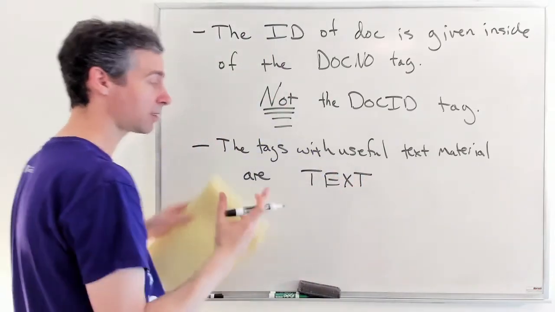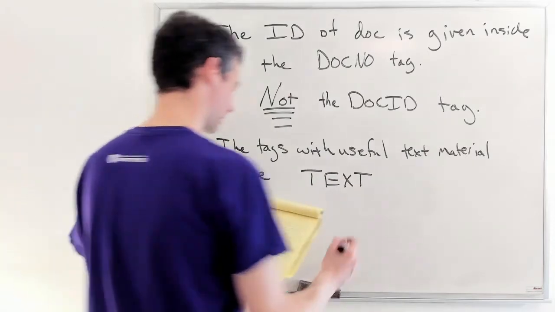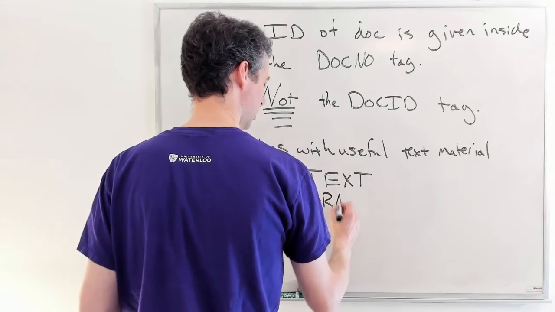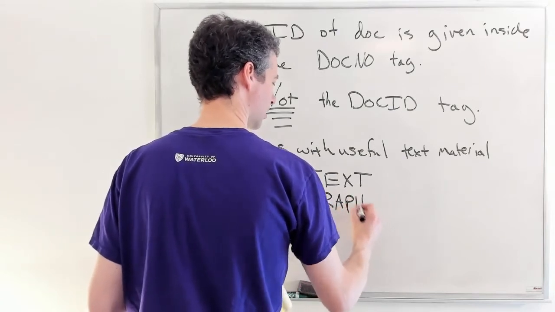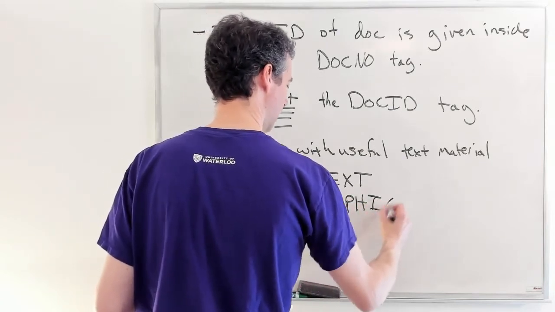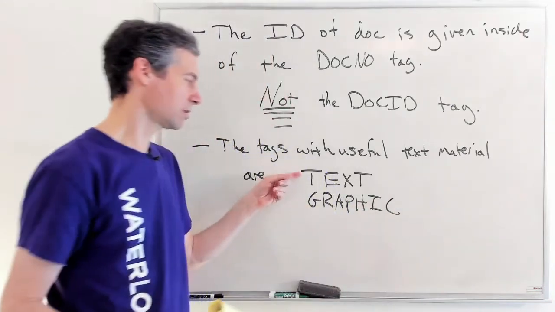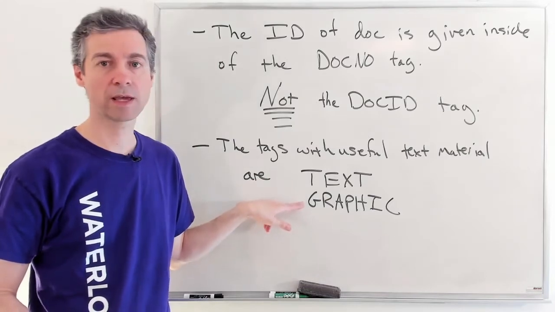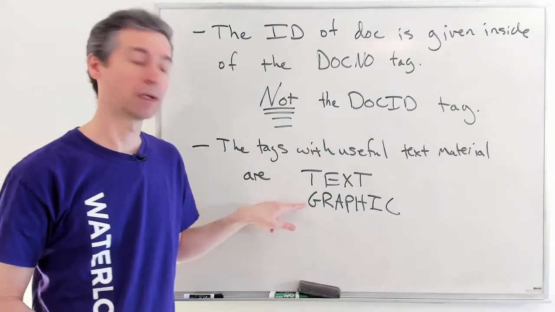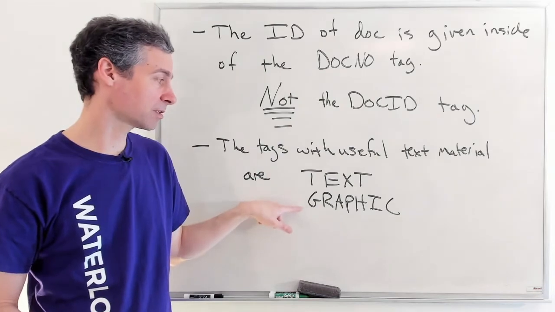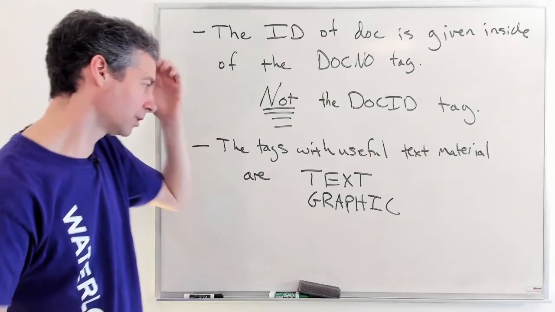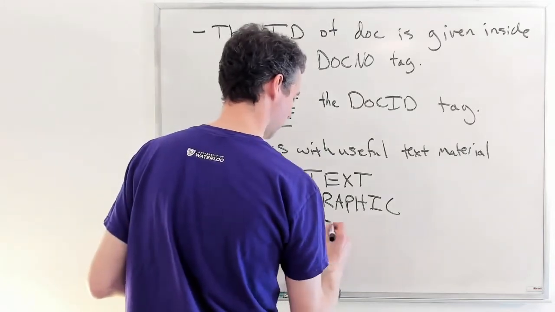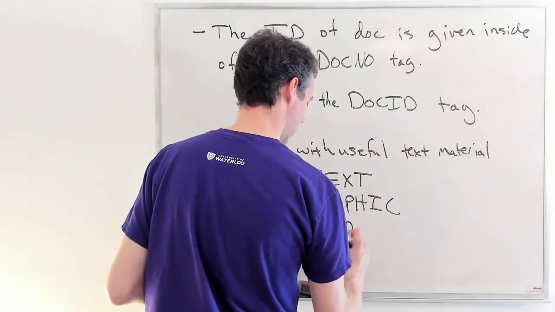So inside of text is all sorts of great text. But sometimes these documents are actually captions to go along with a photo, and the text tag might be empty. You'll see instead a graphic tag on those documents. So we want to grab text out of those for our purposes, and as well the headline tag.